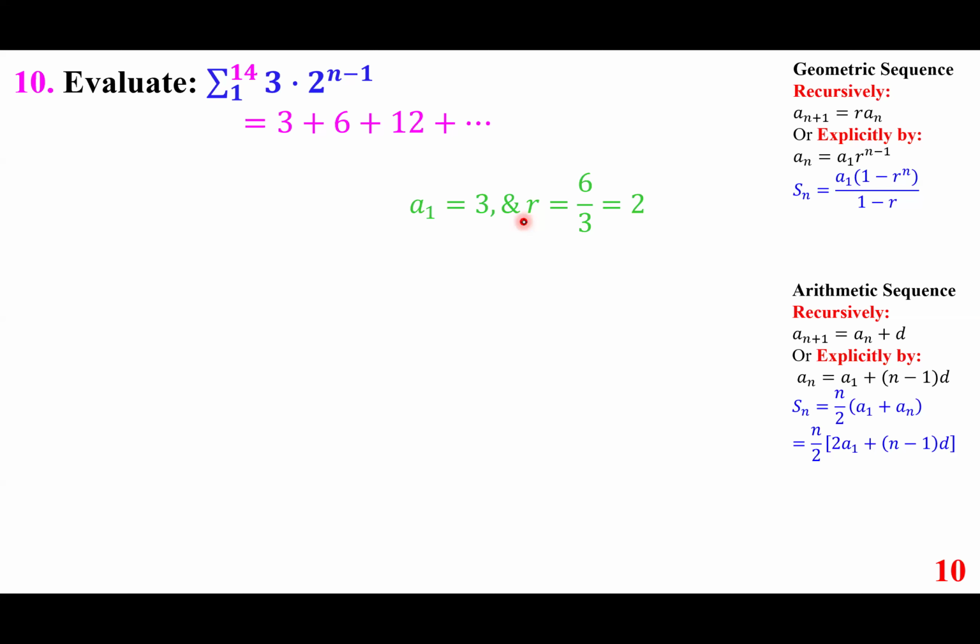And so if you want to come up with the sum, S sub n is a sub 1 times 1 minus r to the power of n over 1 minus r. We are going to use that.